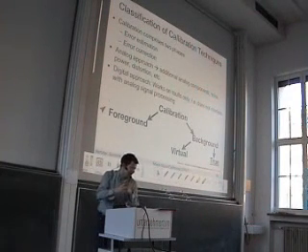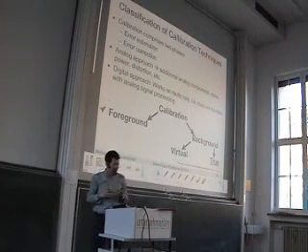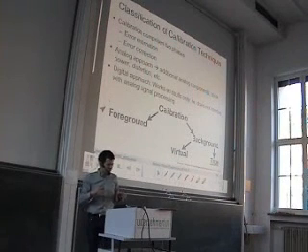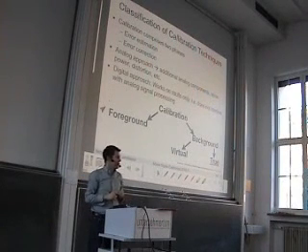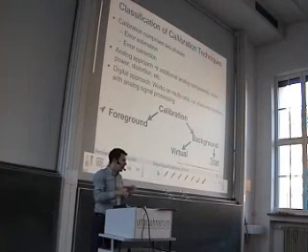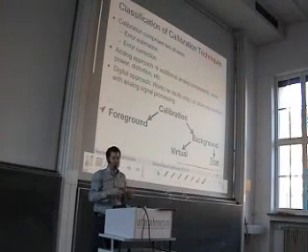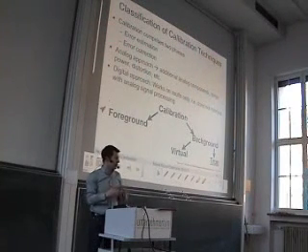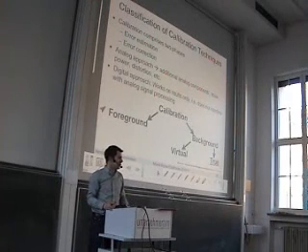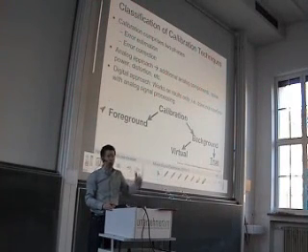Therefore, you can say, okay, I want a background calibration. A background calibration, like the one I explained, is one that runs in the background, in parallel to the normal operation, in such a way that it does not disturb the normal operation, but it is active all the time.